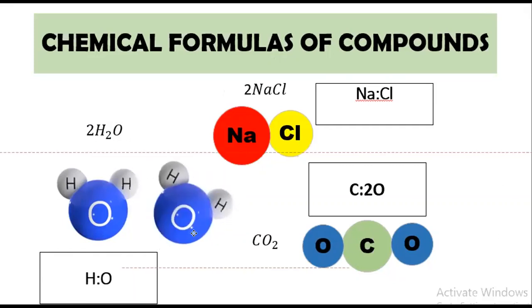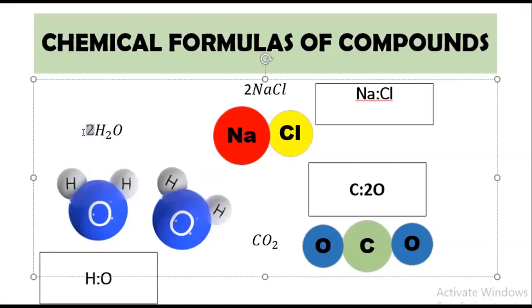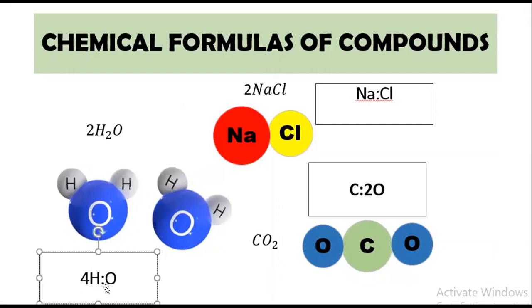This is just simple multiplication and addition. Good, Quentin. Excellent. So there's 4 hydrogen atoms. Whenever I put a number in front of a molecule, I need to times it by any number that's inside. So 2 times 2 will give me 4 hydrogen atoms. And how many oxygen atoms are there, guys? You can count it on the diagram.